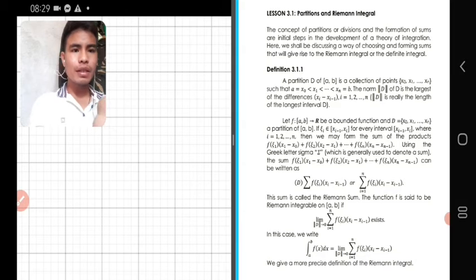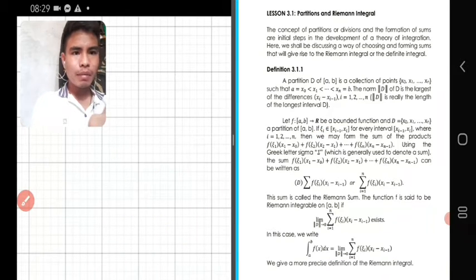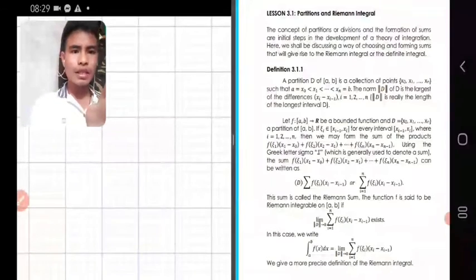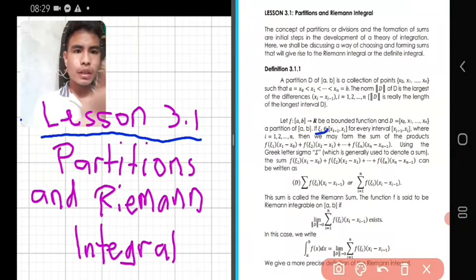If chi, this symbol here is chi, if chi sub i is an element of the interval x sub i minus 1, x sub i for every interval, where i is a non-zero positive integer.